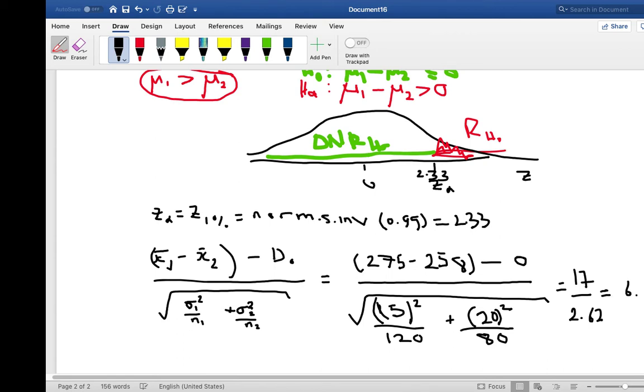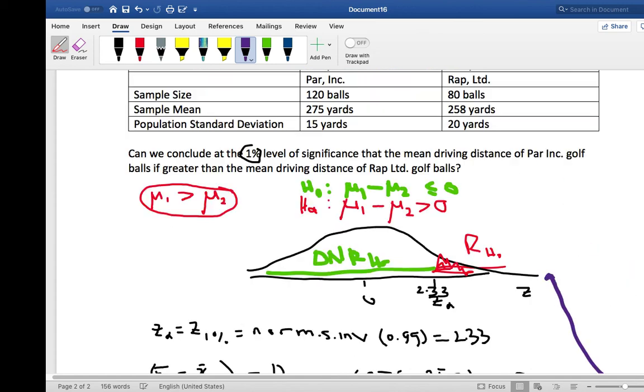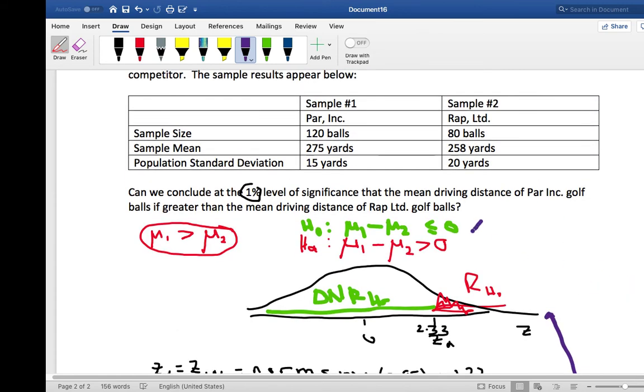So let's see where that 6.49 falls. Our test statistic, where does it fall? Well, if this is 2.33, 6.49 is going to be way out here. It's going to be way into the reject region. So our conclusion will be to reject H0. If you remember for this question, they actually gave us the null hypothesis to start off with, but we still run the test on H0.